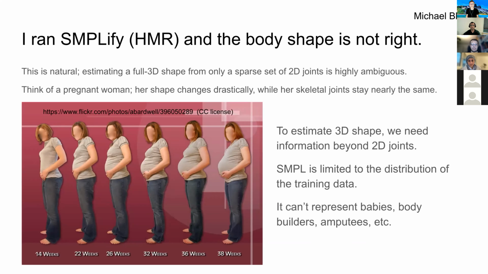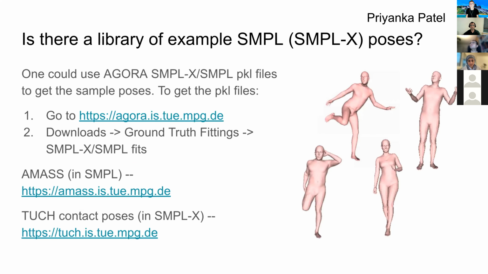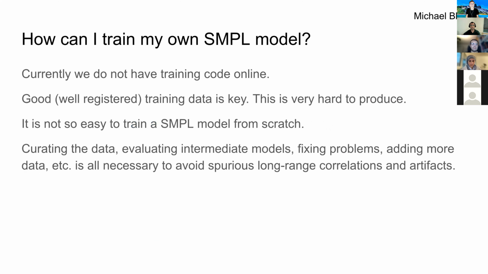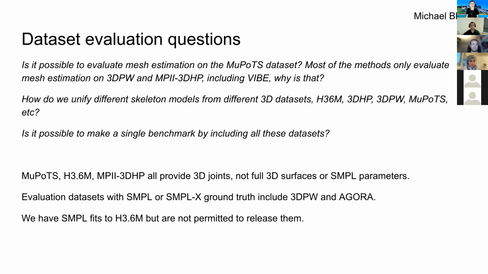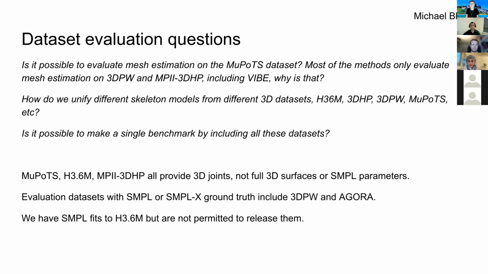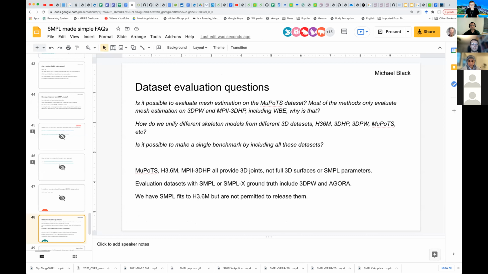Why do I not get body shape when I estimate using SMPLify? How do I get poses? Can I get the SMPL training data? How can I train my own SMPL model? Why is it so complicated evaluating data sets? So we will make all of this available.